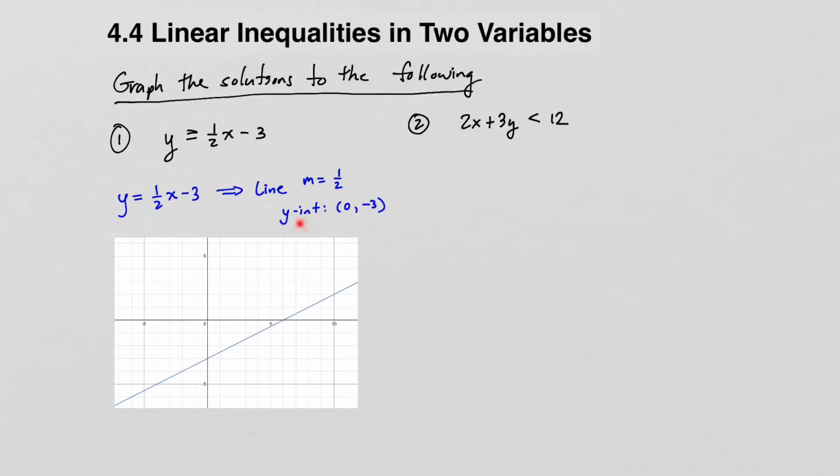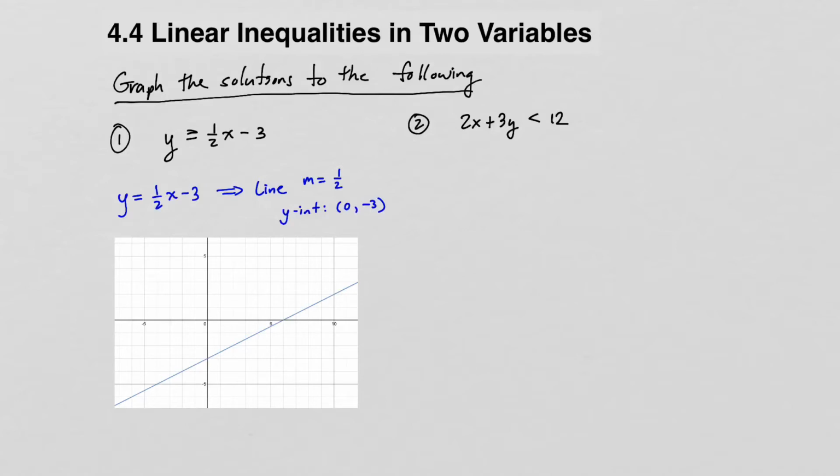Notice that our y-intercept is at y equals -3, and the slope is 1/2, which means from this point we go up 1 to the right 2, up 1 to the right 2, as many times as we wish.